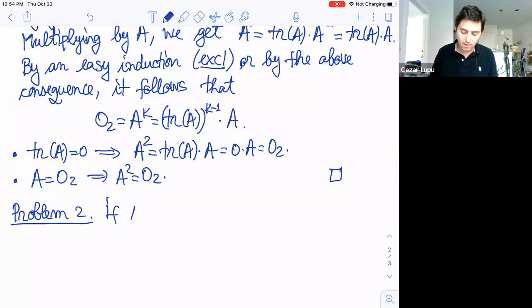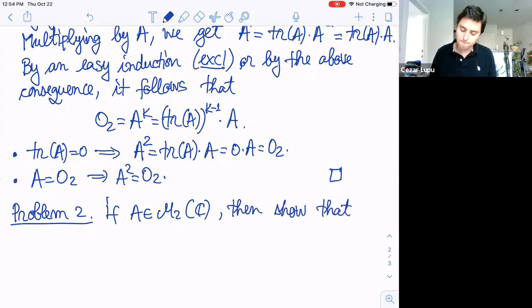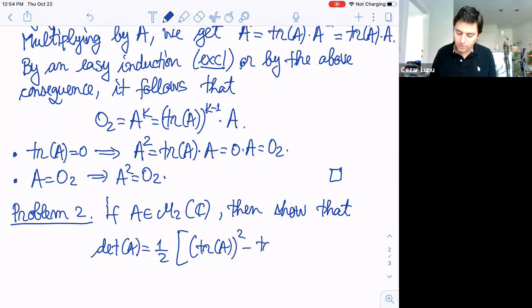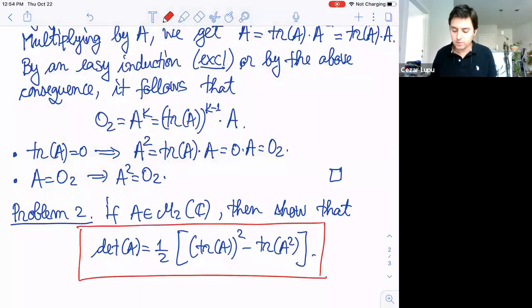If A is a 2 by 2 matrix, again, with complex entries, then show that we can express the determinant of A in terms of trace of A and trace of A squared. So this would be 1 over 2 times the trace squared of A minus trace of A squared. So we have this beautiful formula for the determinant. Like I said, you can prove this using eigenvalues, but anyway, we don't know that yet.